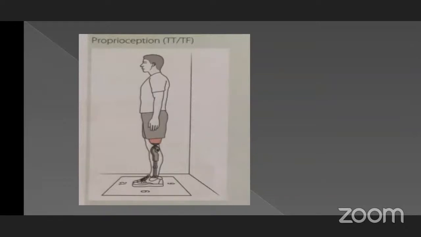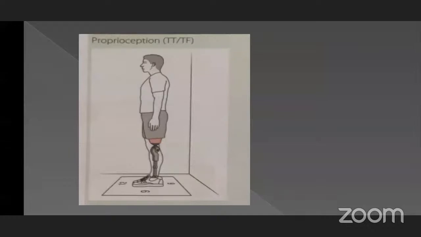For example, the patient is in front of me. He is standing without support. I am judging him for proprioception control. I say a number: okay, sir, you have to put your leg on number 10. He has to put his prosthetic leg on that number.